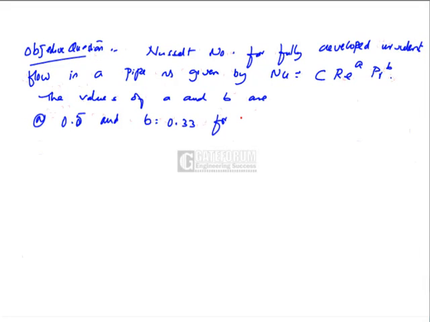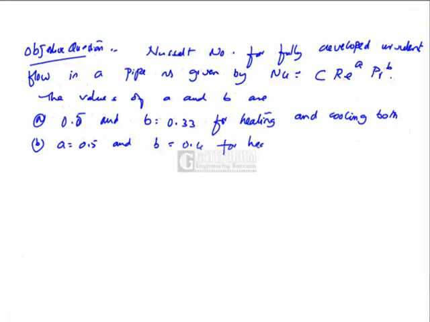For heating and cooling both, B, A is equal to 0.5 and B is equal to 0.4 for heating and B is equal to 0.3 for cooling.